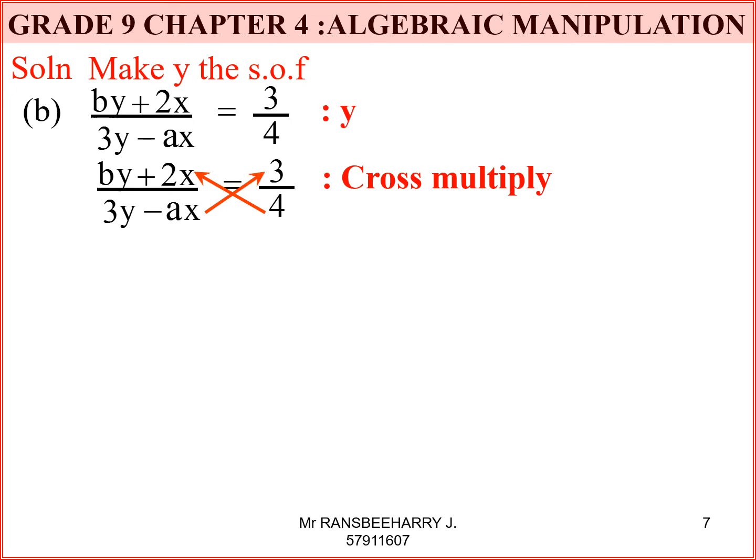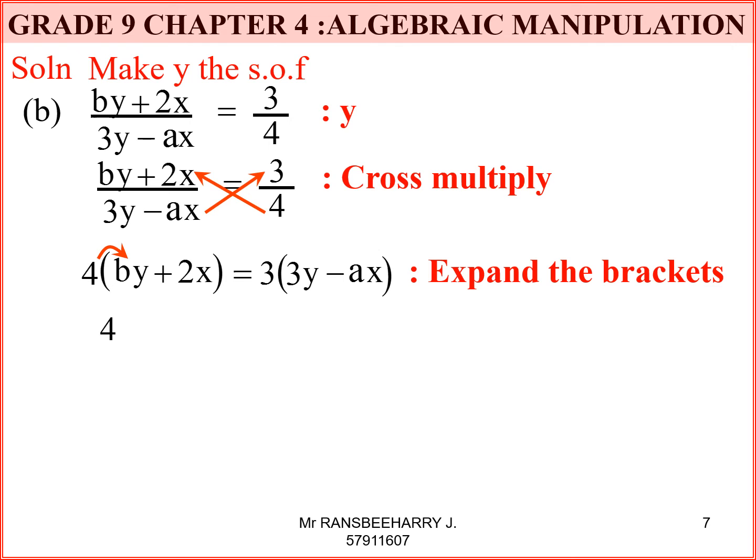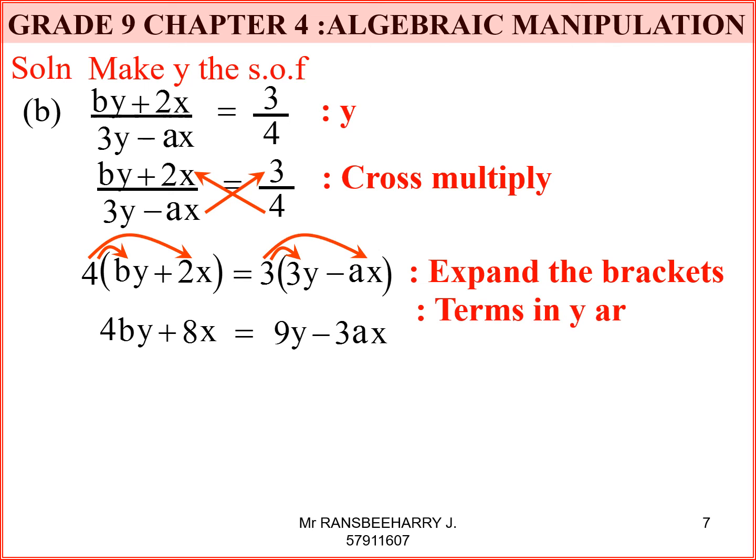So first step, cross multiply. We obtain 4 into by plus 2x is equal to 3 into 3y minus ax. Next step, expand the brackets. We obtain 4by plus 8x is equal to 9y minus 3ax.